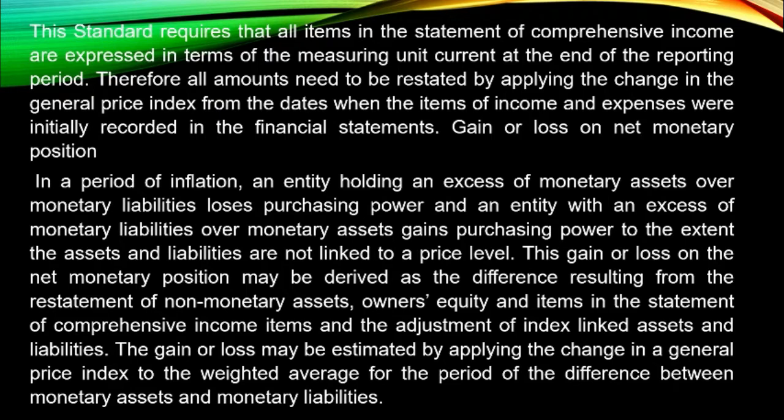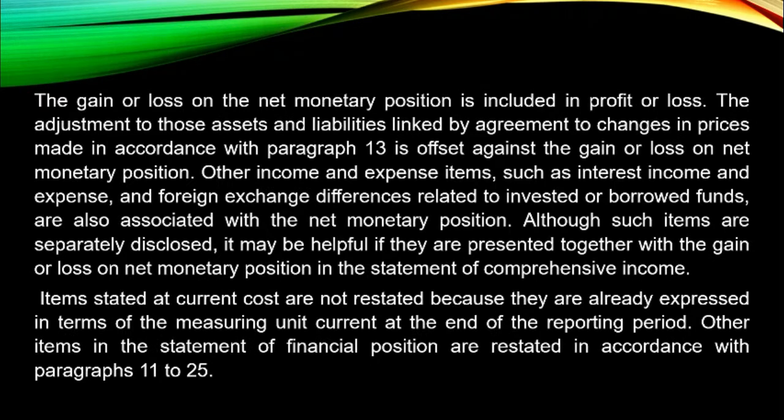This gain or loss on the net monetary position may be derived as the difference resulting from restatement of non-monetary assets, owner's equity, and items in the statement of comprehensive income, and the adjustment of index-linked assets and liabilities. The gain or loss may be estimated by applying the change in the general price index to the weighted average for the period of the difference between monetary assets and monetary liabilities.